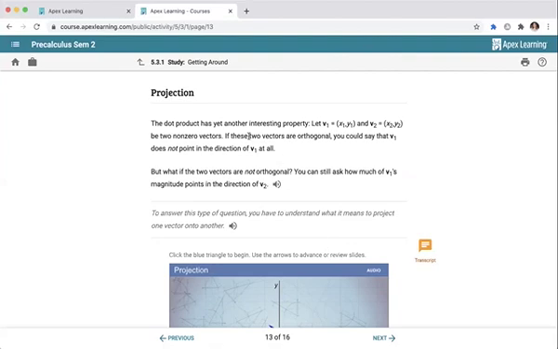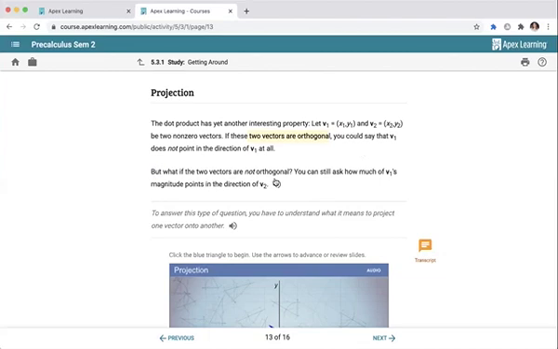If these two vectors are orthogonal, or they make a right angle, you could say that V1 does not point in the direction of V2 at all. V1 is going straight up and down, V2 is going left and right, so they don't point in the direction of each other at all.